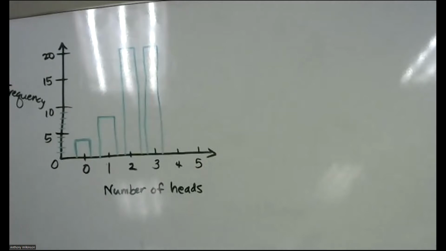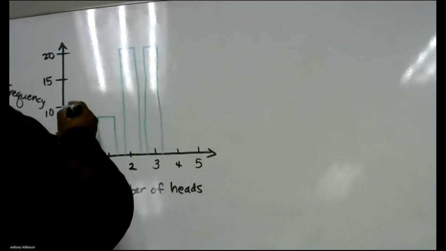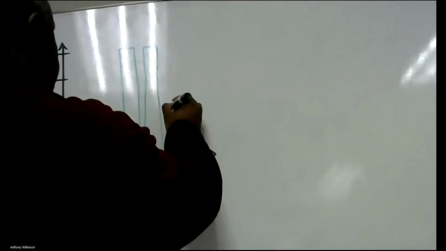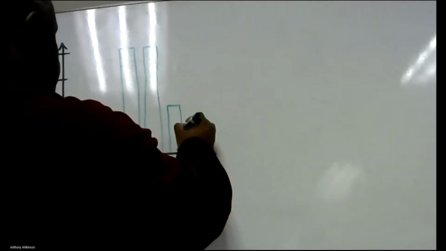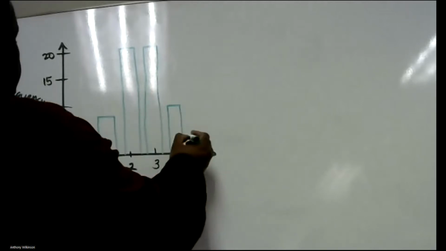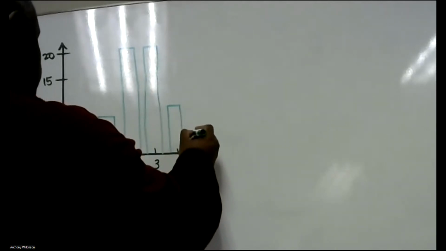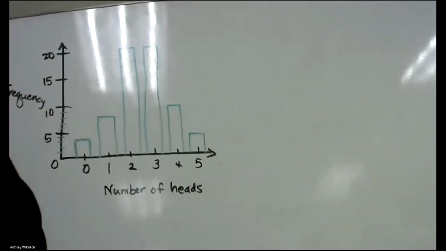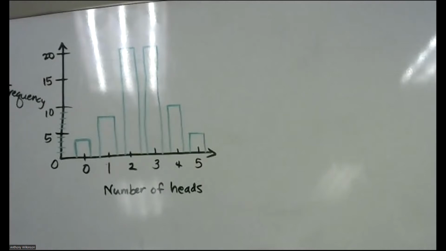And then for 4 heads, there were 9. Here's 9. We'll draw a bar at the height of 9. Like this. And then finally, there were 3 times that there were 5 heads. So at 3, yes. Okay.